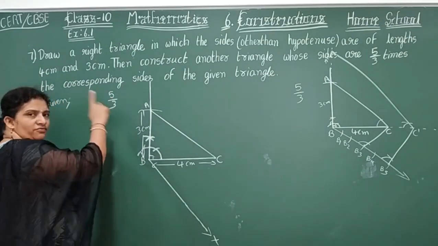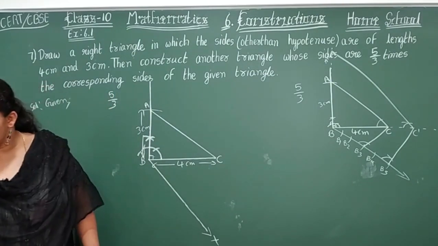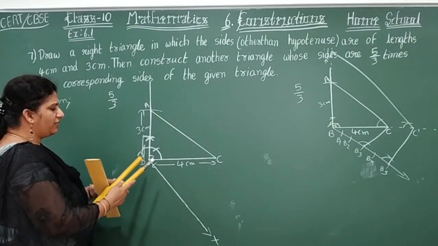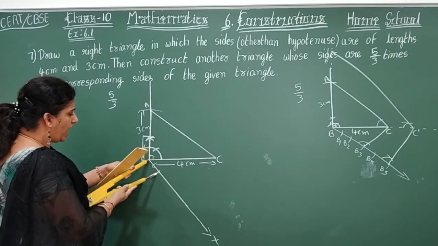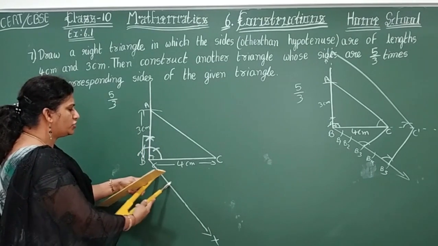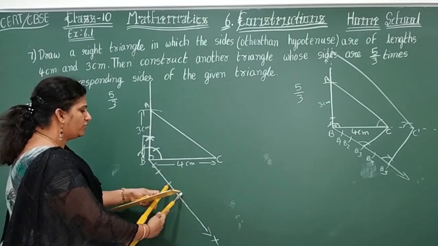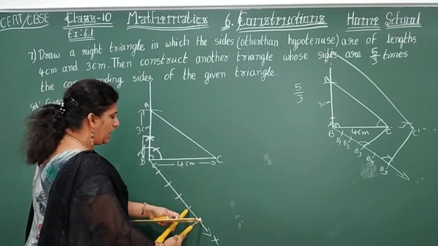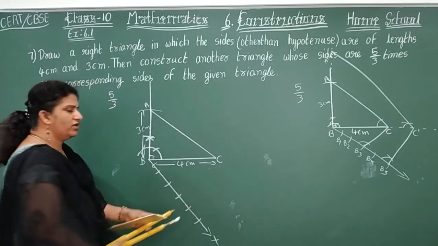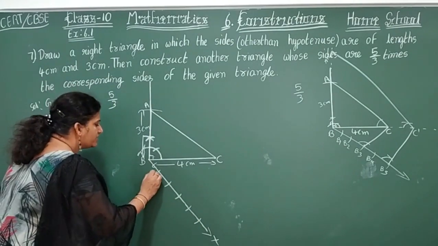Which is greater? 5, right? So take your compass and mark with equal measurements 5 arcs. 1, 2, 3, 4 and 5. Okay. Now write this.